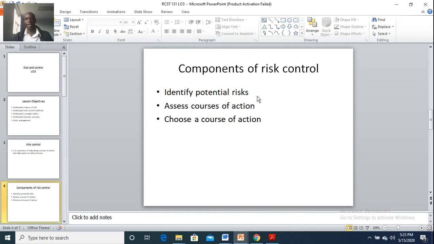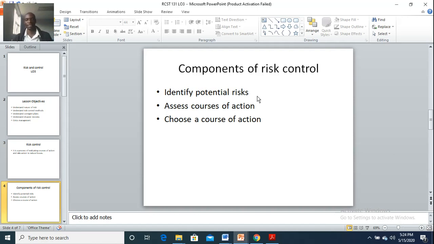The components of a risk control process are: first, you identify all the potential risks. That is, you have to know your risks, the risks which are affecting or likely to affect the organization. Then you assess the courses of action.